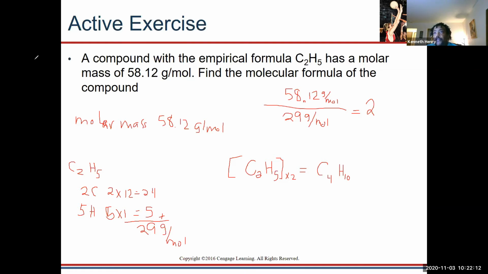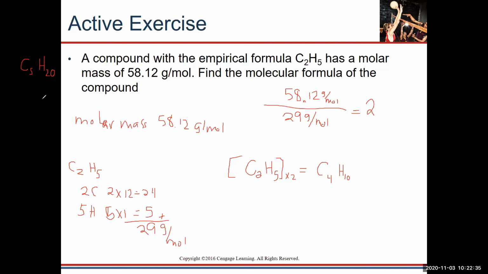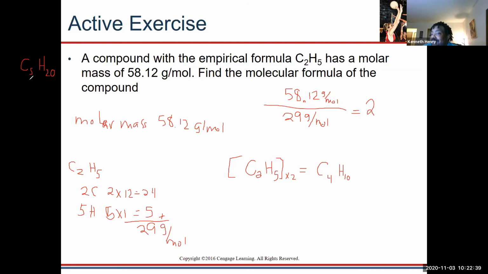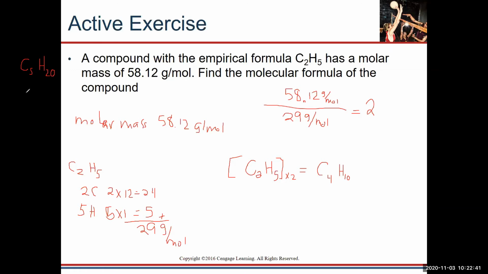What would be the empirical formula of this one? The empirical formula is you divide them by the common number, 5. So we divide them both by 5.